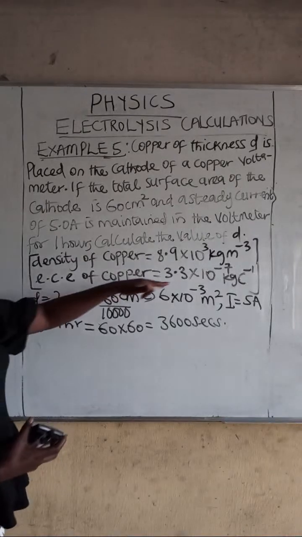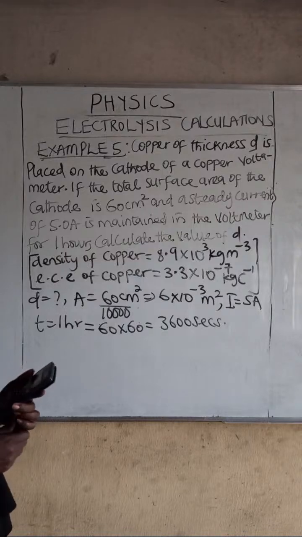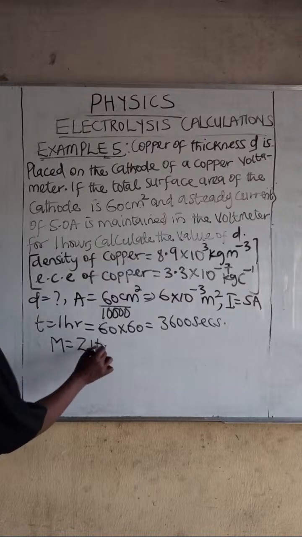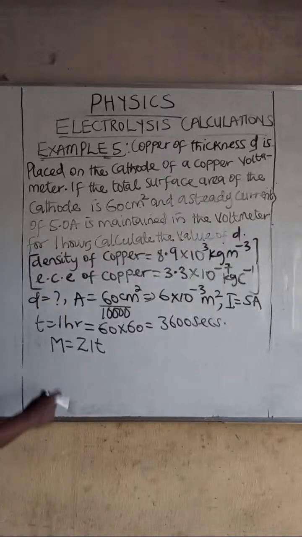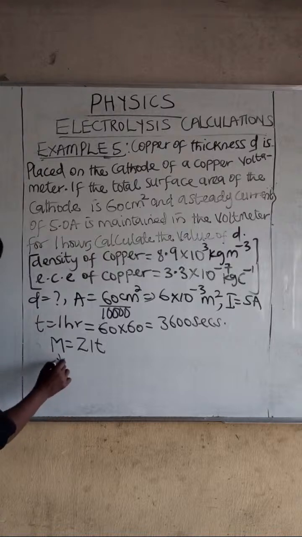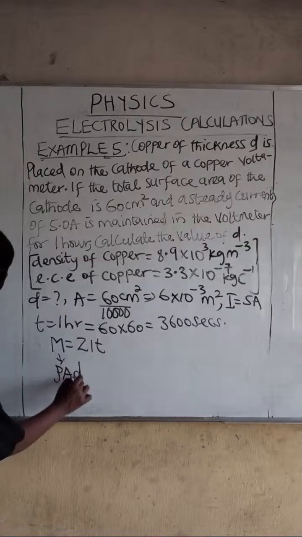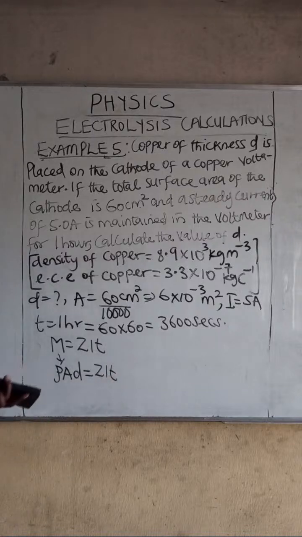Okay, so I have my density, and I have my electrochemical equivalent as this. So let's get into work. The formula we are going to use to solve this problem is what I just derived. If M is equal to ZIT, now we don't have mass. The mass is equal to density, area, and thickness, which is equal to ZIT, right?